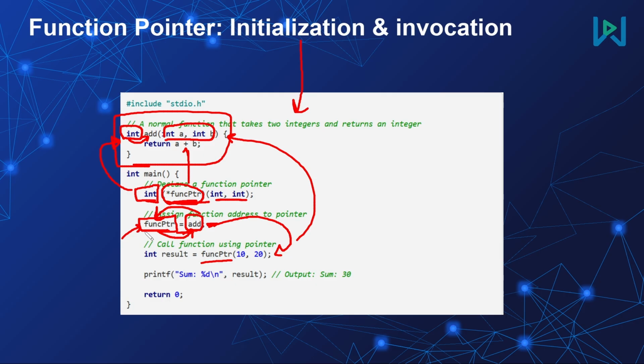In that way, we are now pointing to this C function via this function pointer. And hence, we can indirectly invoke the C function via the invocation of our function pointer.